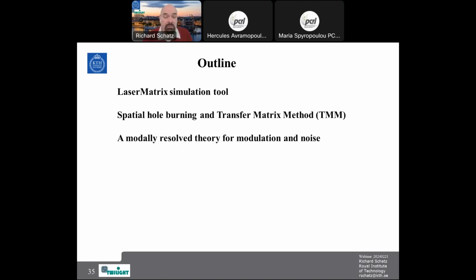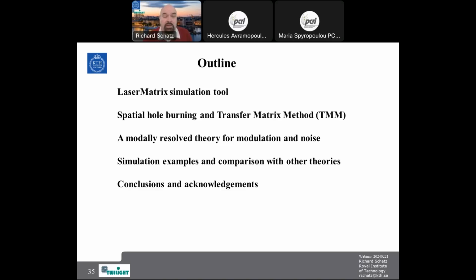Then I will tell a few words about the model result theory for modulation noise, which is used in LaserMatrix. And then I will have some simulation examples and comparison with other theories and programs, for instance, VPI. I will end with conclusions and acknowledgement, and after that we will have a hands-on demo of LaserMatrix.